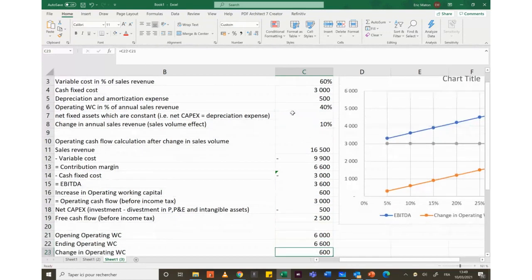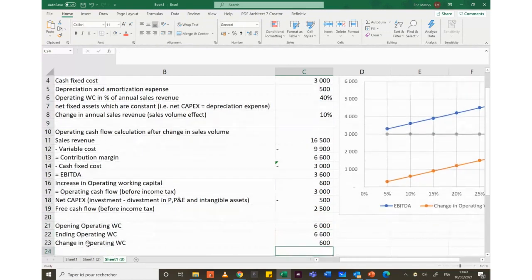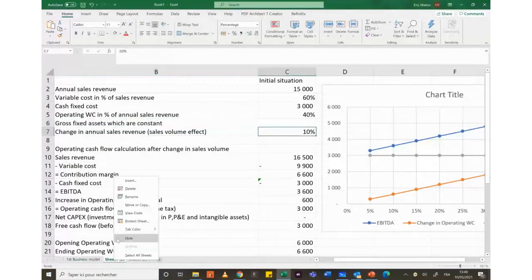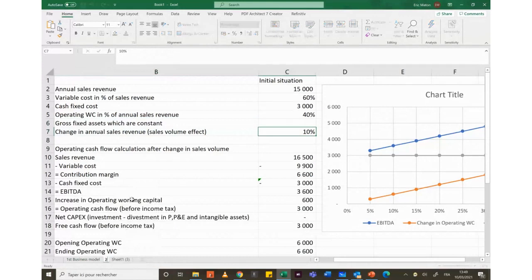So we can have different business models. First business model: you need to invest a lot in order to develop your activity. Second business model: you don't need to invest at all. You already have the capacities and it's enough.